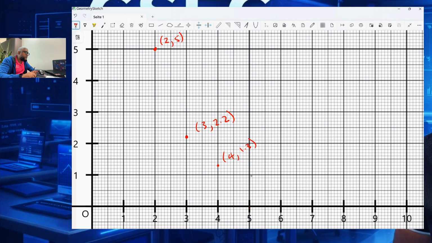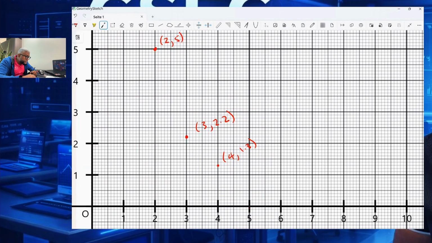Hit me the next one. 5, comma 0.8. So 0.5 would be in the middle here, in between 0 and 1. So 0.5, 0.6, 0.7, 0.8 would be here.